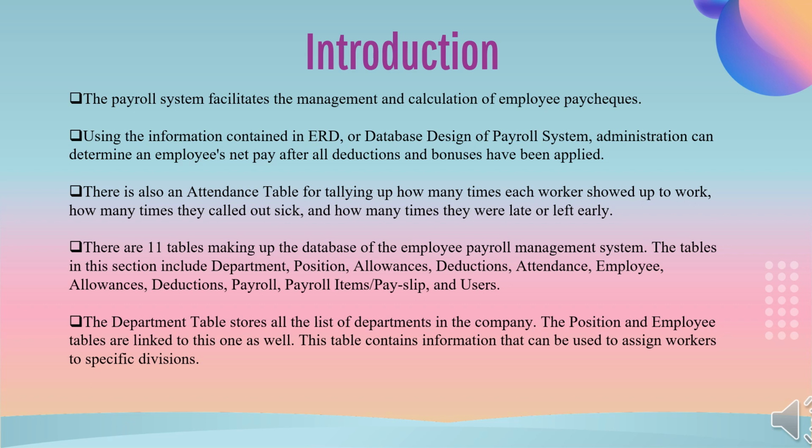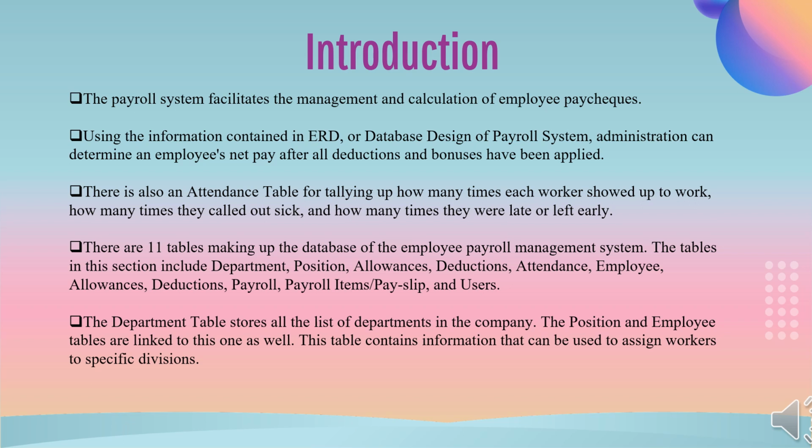There are 11 tables making up the database of the employee payroll management system. The tables in this section include department, position, allowances, deductions, attendance, employee, allowances, deduction, payroll items, payroll slip, and then users.